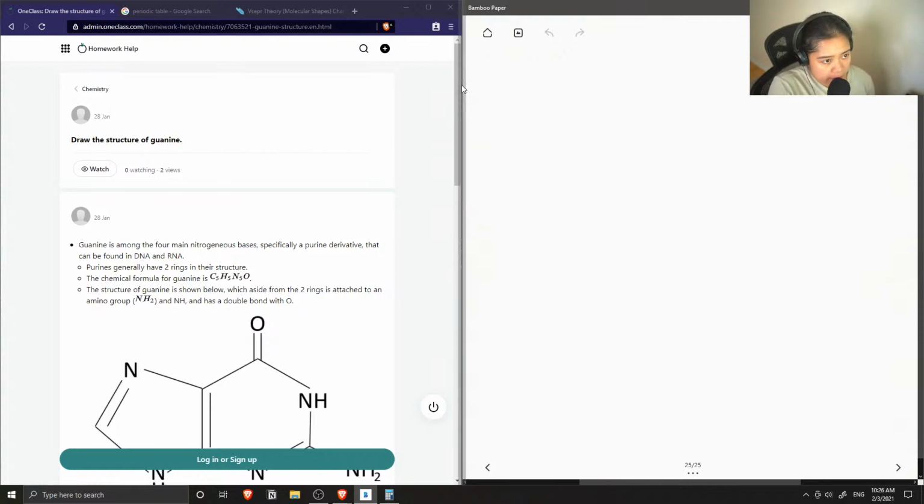Okay, so question number 4 is to draw the structure of guanine. So guanine is one of the main nitrogenous bases, and it can be found in DNA.